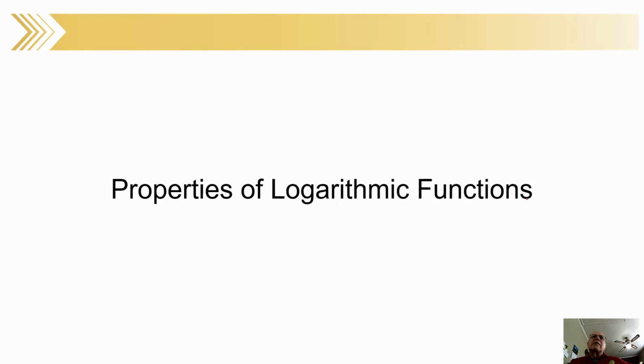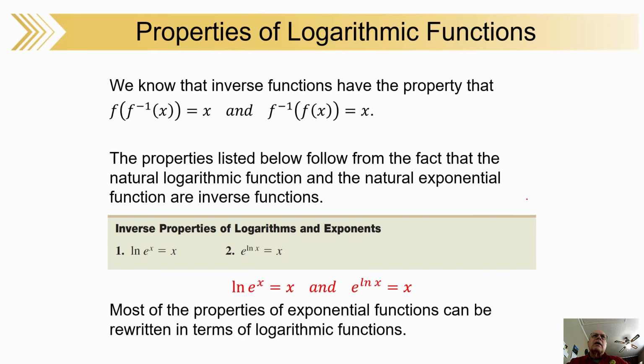Some properties. Again, important things, because what you're going to do is take some equations and solve for x. So you need these properties so you can do those manipulations to find out what x is. Now, we know they're inverse functions. That means the function of the inverse and the inverse of the function both give you x back again. In other words, they undo each other.